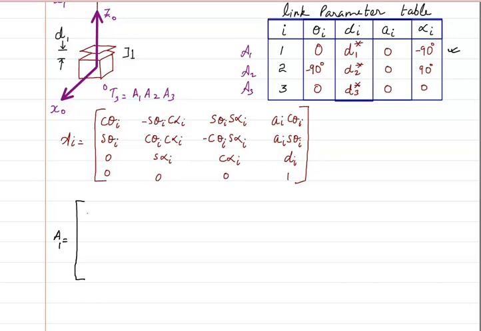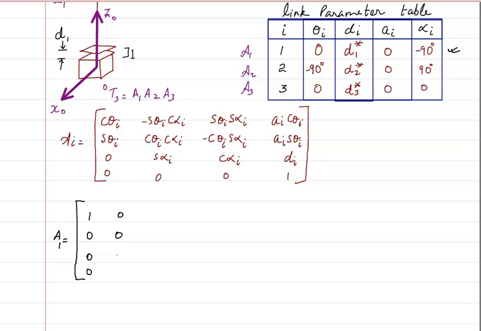So cos 0 is 1. Sine 0 is 0. 0, 0. Similarly, here I have to look at sine 0, which is already 0, so it will become automatically 0 here. Cos of 0, and alpha is minus 90, so cos of minus 90 will become 0, so this will become anyway 0.